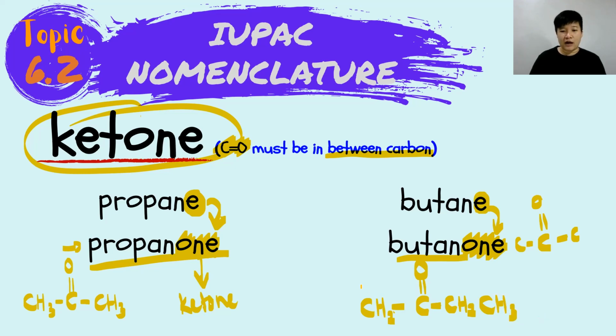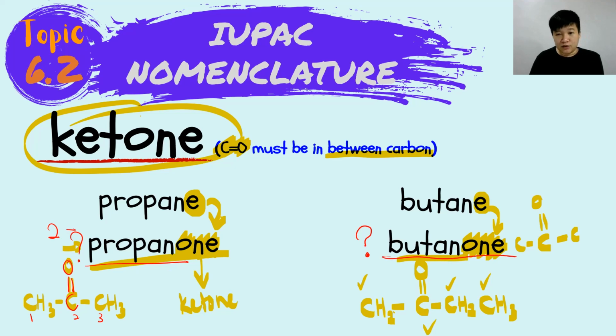So there are 4 carbons, 1, 2, 3, 4. So the question over here: do we need to put a number in front of your butanone and propanone? In your propanone, you can see that your C double bond O is actually at the carbon center, which is your 1, 2, 3. Do we need to put 2-propanone?